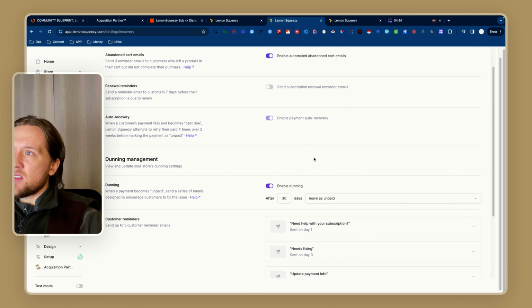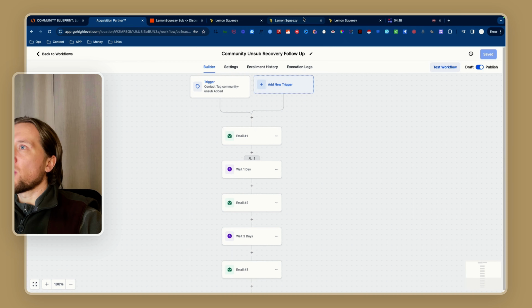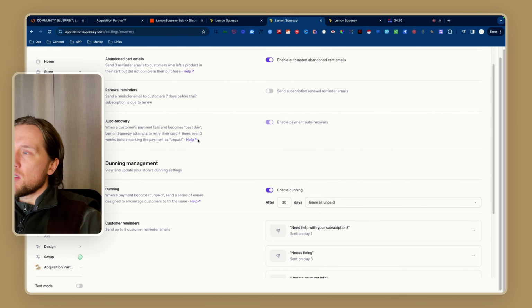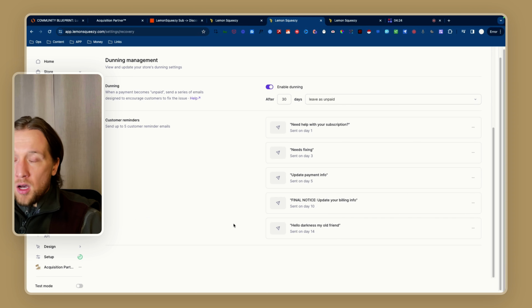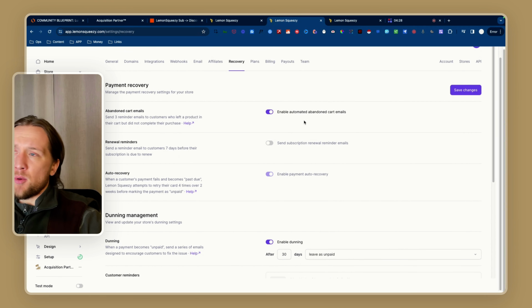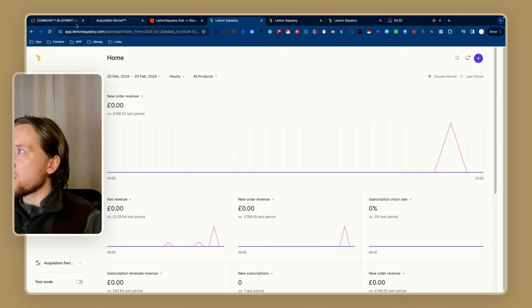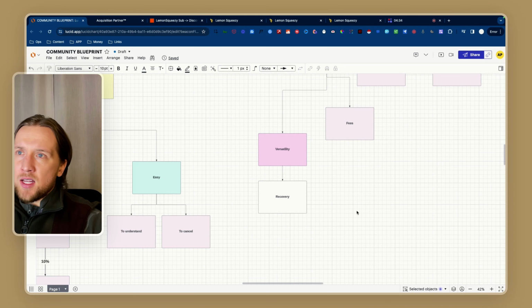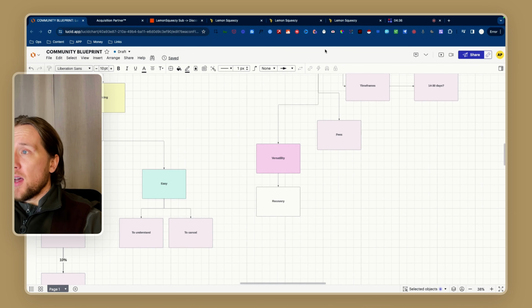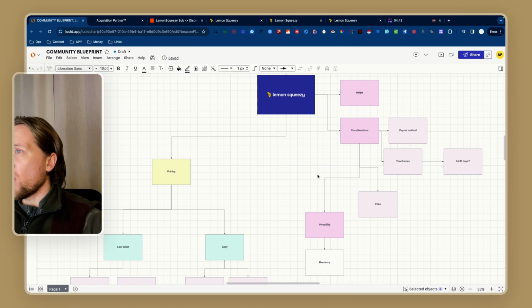So instead of having to integrate a platform like ConvertKit or going through High Level, whatever it might be, you can actually use Lemon Squeezy's native built-in abandoned cart recovery solution, so that anybody who signs up, or maybe they were once a paying customer of yours, they previously had a subscription, if they cancel, if they forget to pay or need to update their payment details, you can do that directly and natively within Lemon Squeezy. Okay, so those are some of the key considerations for us.